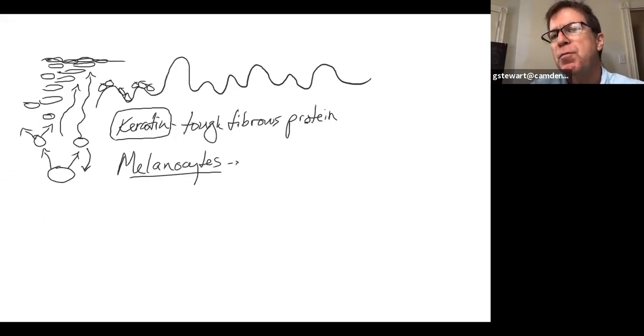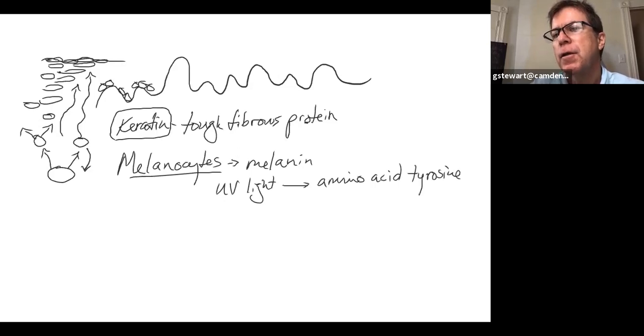How they produce melanin is UV light causes an amino acid, tyrosine, to be converted to the pigment melanin.